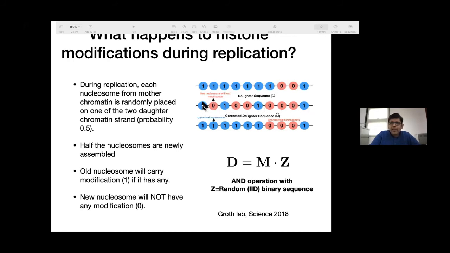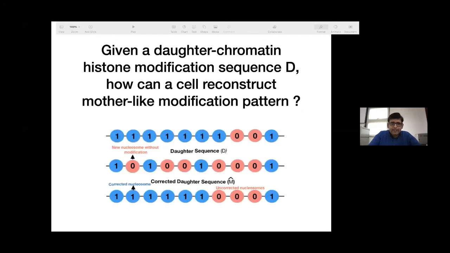And the question that we are interested in is: from this daughter sequence, how do we reconstruct the mother-like sequence M hat? That is, given a daughter chromatin histone modification sequence D, how can a cell reconstruct a mother-like modification pattern?